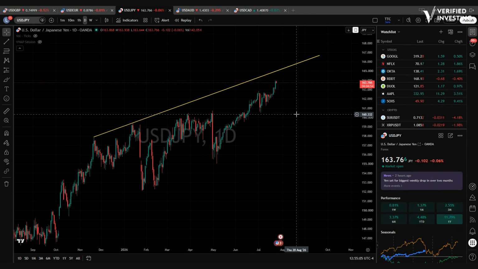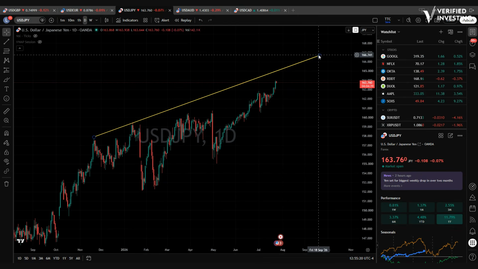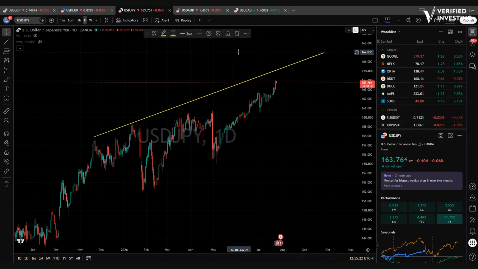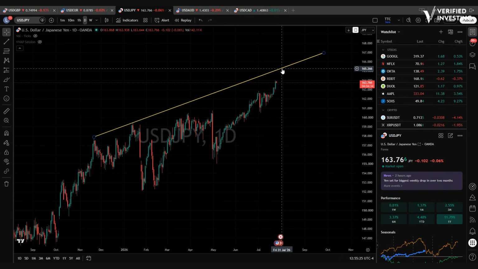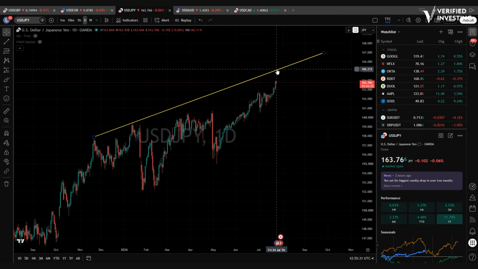But even on top of that, guys, where is the next resistance? Well, when we run out of things to chart at all-time highs, we start to use trend lines. And for me, I have a beautiful, beautiful trend line here on the USD JPY up here around 165 Japanese yen per US dollar.